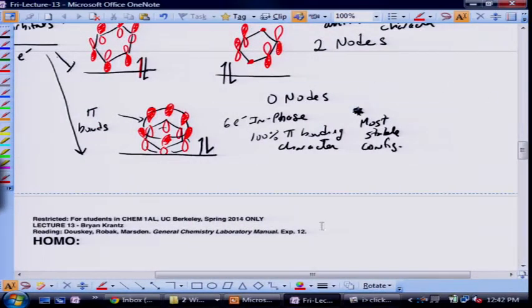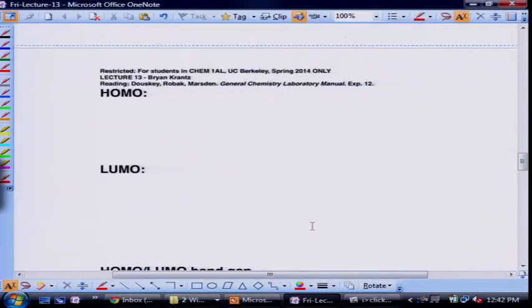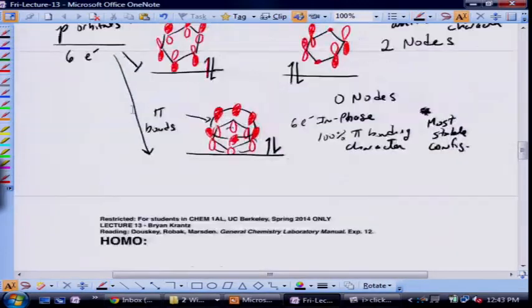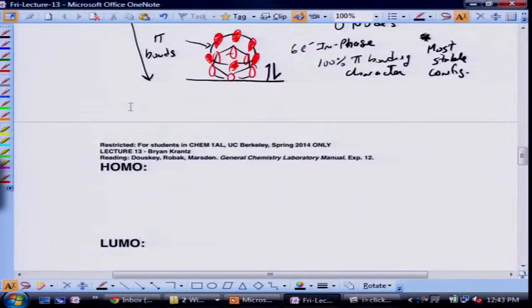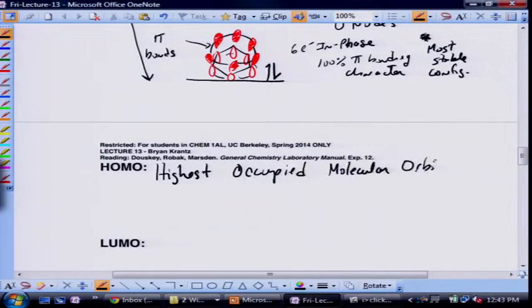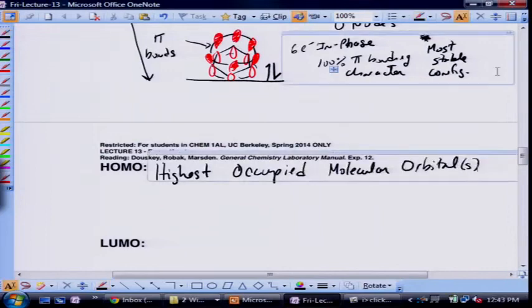All right, so why did I just do that to you? What this is going to demonstrate is that in this particular benzene system, we have what we call the HOMO and the LUMO. And you should have noticed that these two 2-node molecular orbitals have the 4 pi electrons, okay? So we would call those the highest occupied molecular orbital. In this case, we could say it's the HOMOs because they're the same energy, okay?